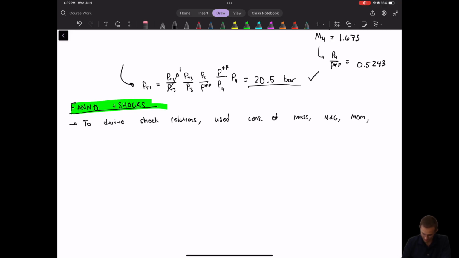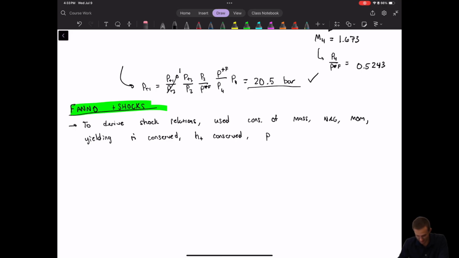And this yielded the following three conserved quantities. The mass flow rate is conserved, across the shock the total enthalpy is conserved, or the stagnation temperature as well. And also, it yielded that this P plus rho V squared was conserved.